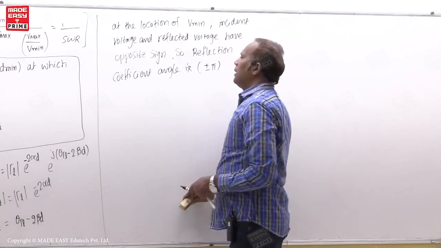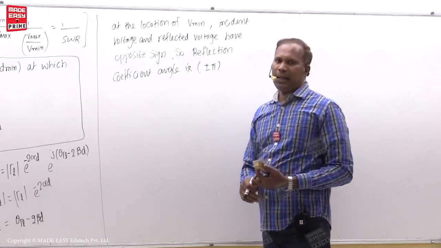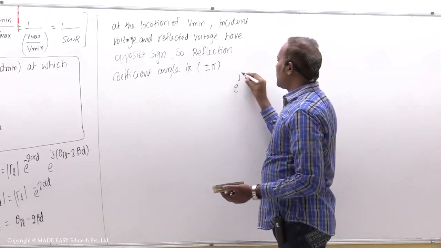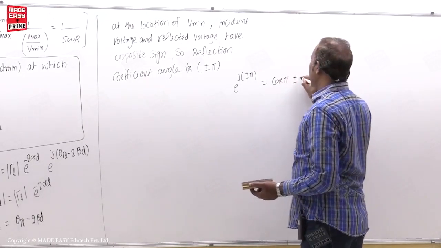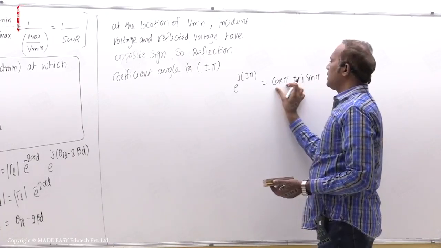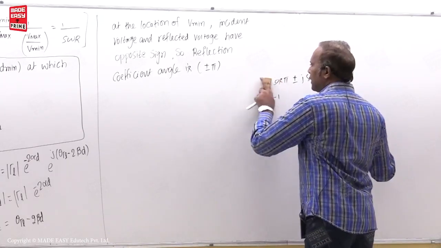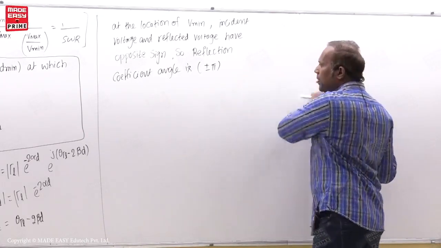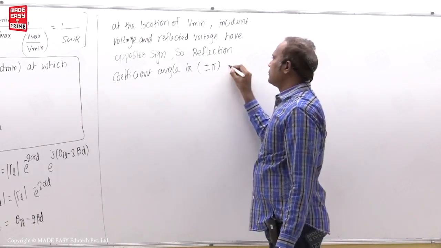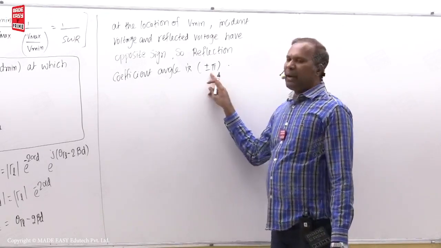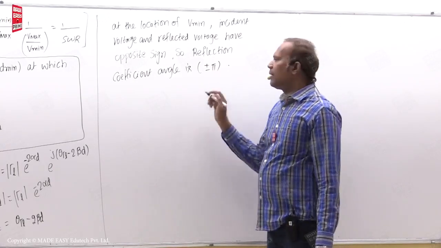That means the phase difference can be plus minus pi, and then e power j plus minus pi is equal to cos pi plus minus j sin pi, dear student. This is 0, this is minus 1. So that is why V incident and V reflected are subtracted and you get total voltage minimum. So reflection coefficient angle is plus minus pi. Among them, minimum angle is minus pi, maximum angle is plus pi. So if you want least distance, you have to substitute minus pi.